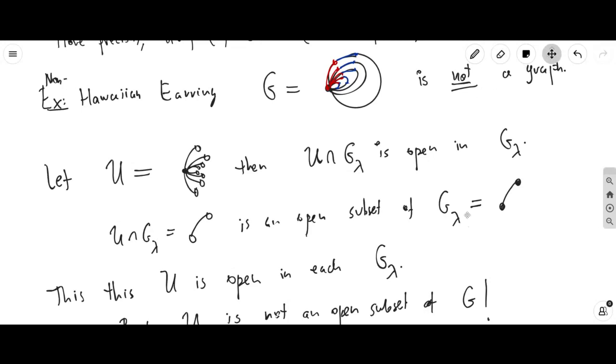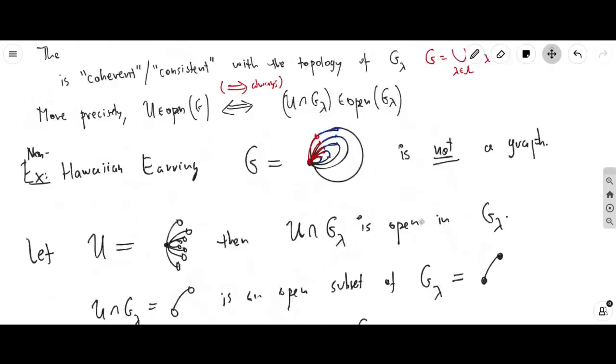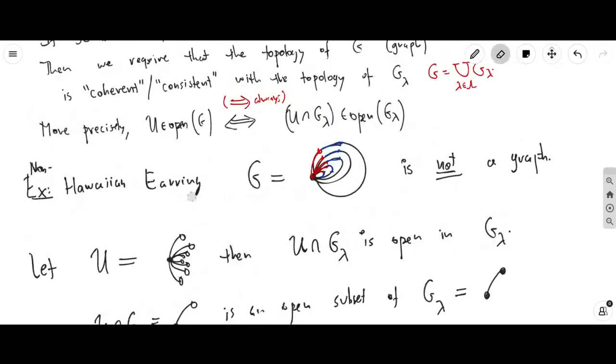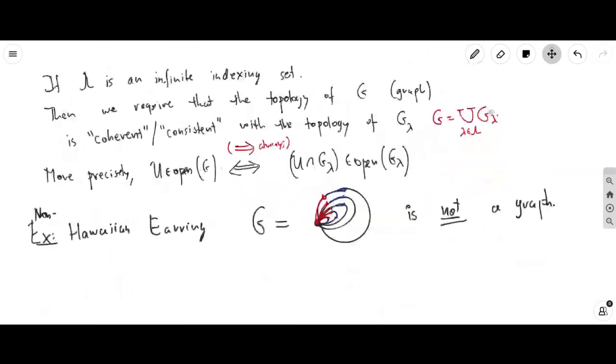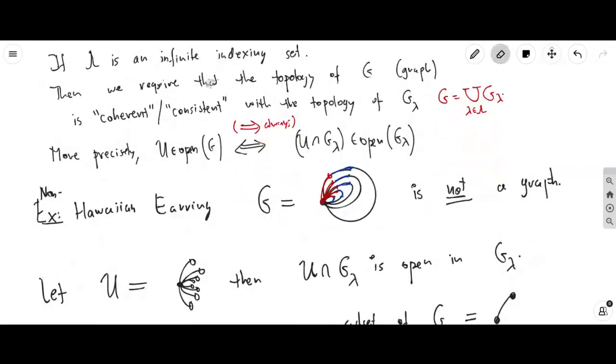So this would be an example of something that is not a graph. So the Hawaiian earring is not considered to be a graph. I know it looks like a graph, but we do not permit that to be a graph under our definition. So this is what happens when you have an infinite indexing set.